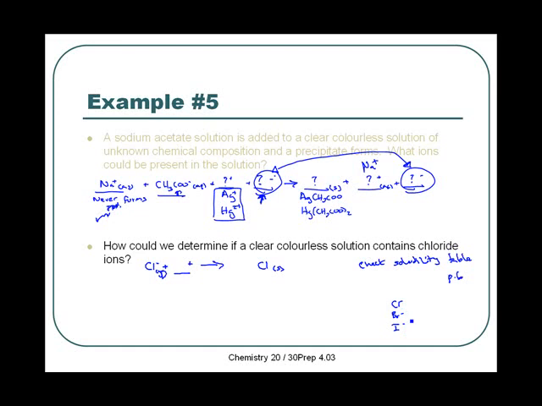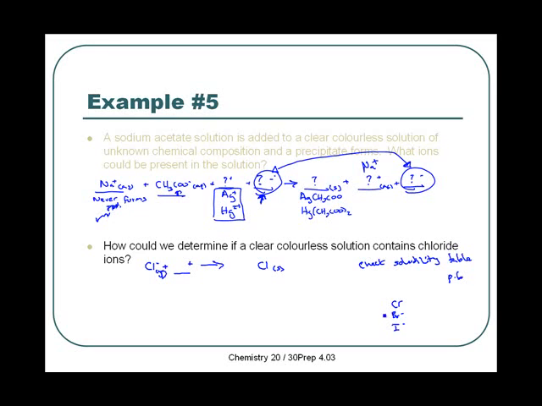When we look in that column, we see that most positive ions form soluble compounds with chloride. So those ones wouldn't help us. If we added them to the solution, the chloride ions would stay aqueous. But if we look at that bottom row, we can see that copper ions, silver ions, mercury 2+ and mercury 1+, and lead all form precipitates, or all form solid compounds, when we react them with chloride.